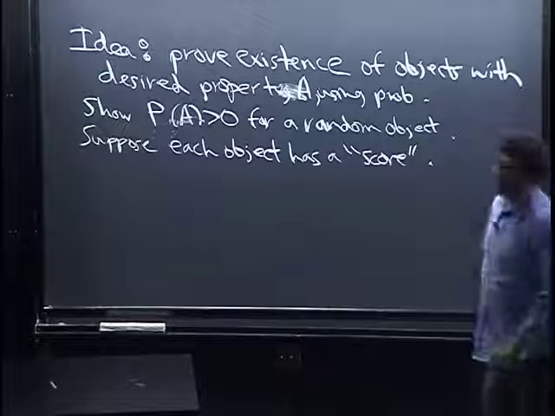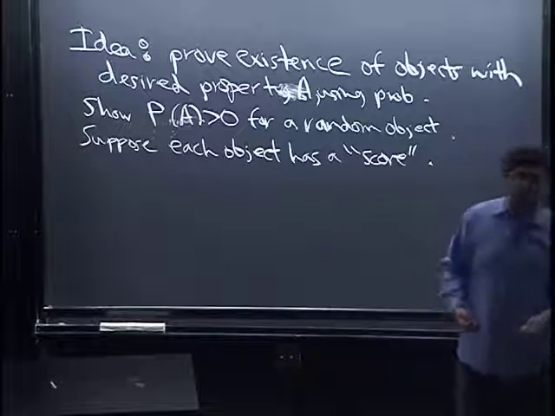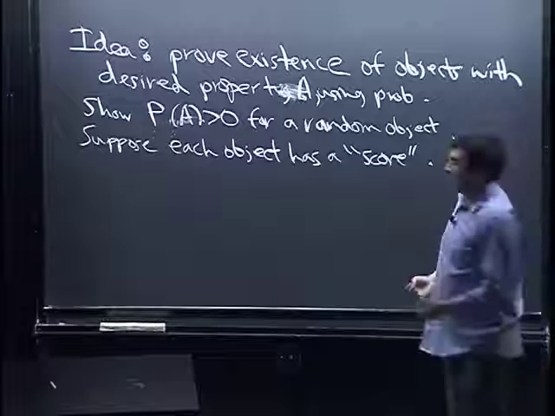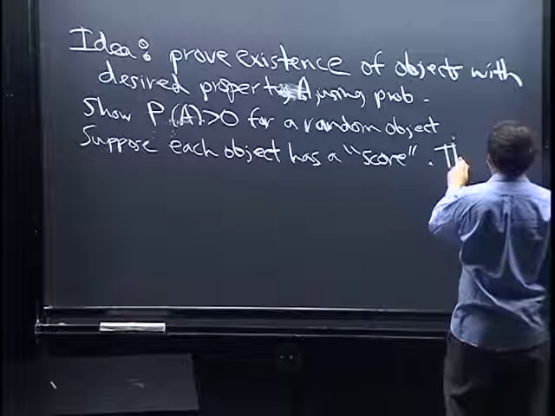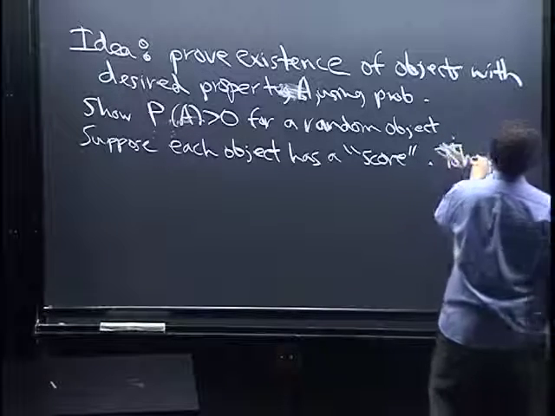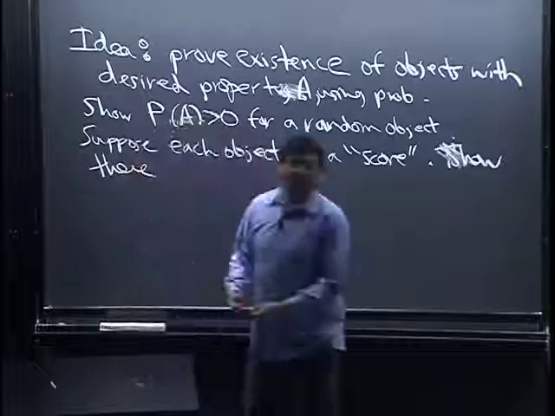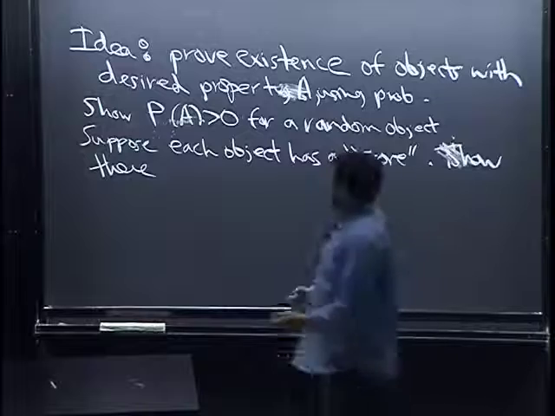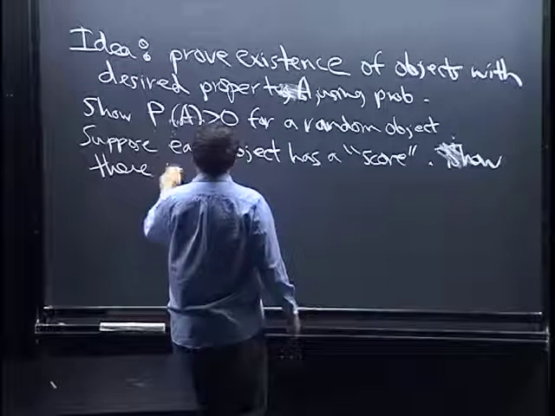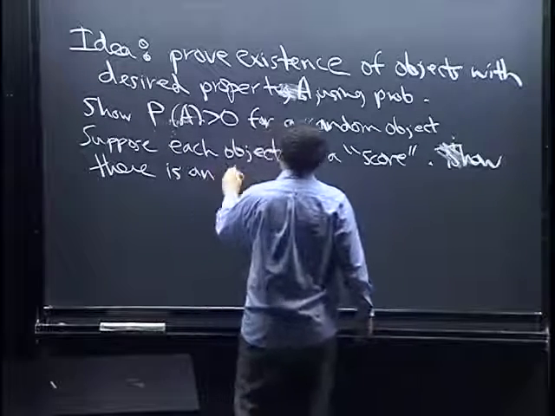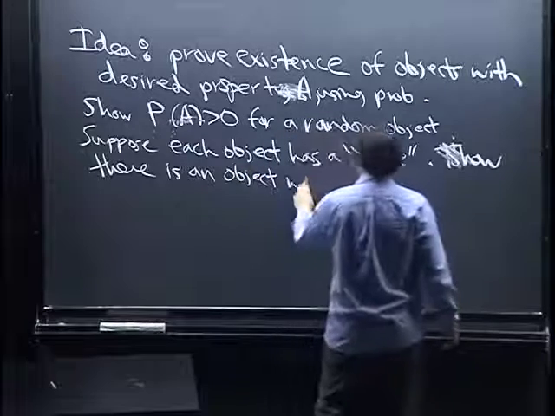We want to show there exists an object with a good score. I have to say what good means, and I'll talk a little bit about that. But suppose it's really hard to actually find one that has a good score.